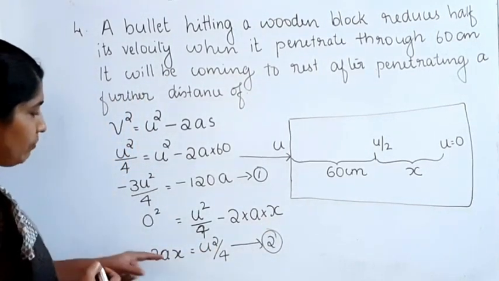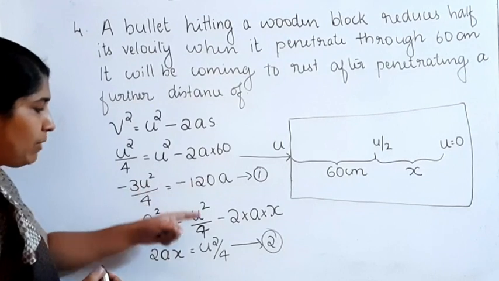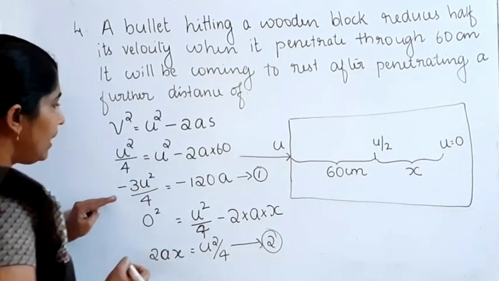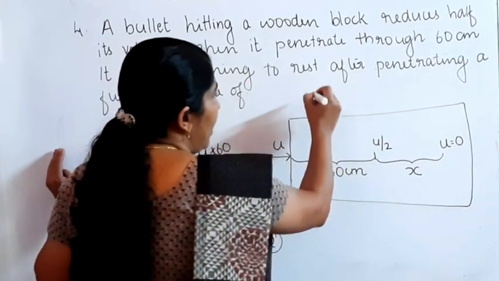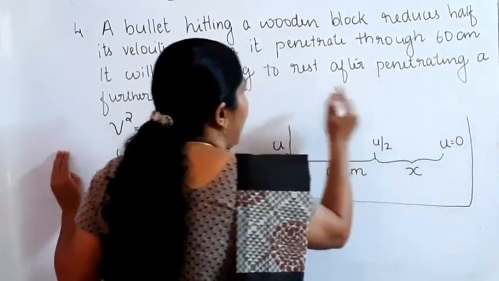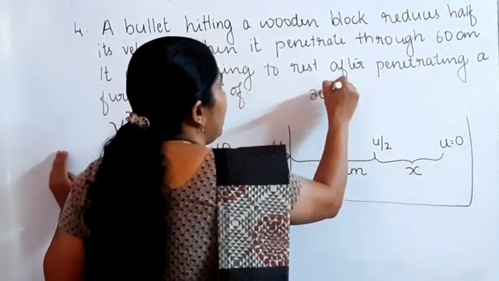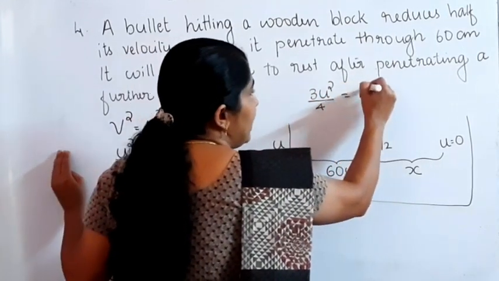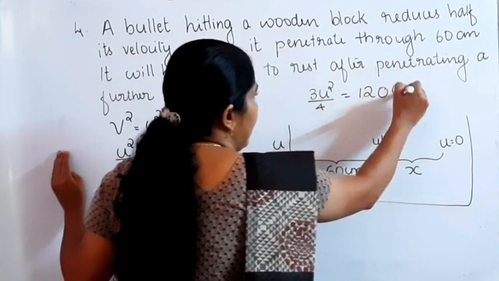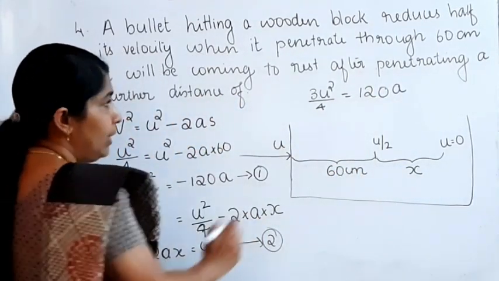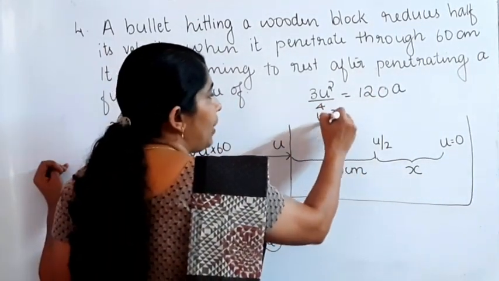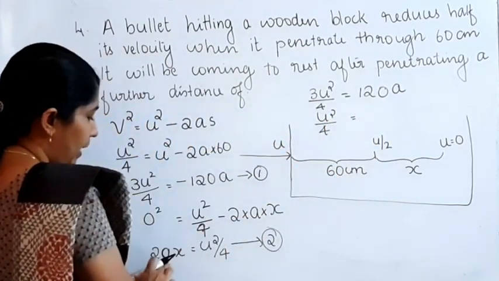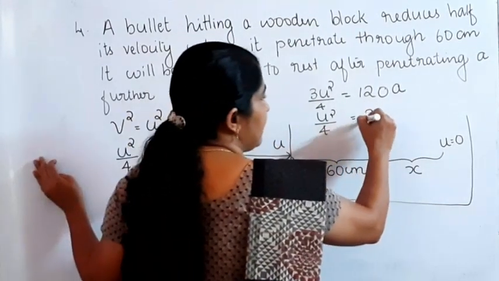From equation number 1 and equation number 2, we can write 3u square divided by 4 equal to 120a, and u square by 4 is equal to 2ax.